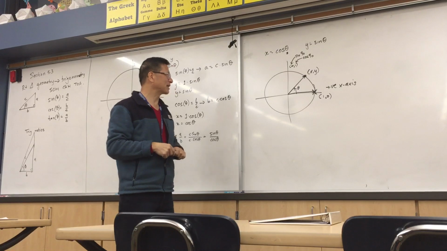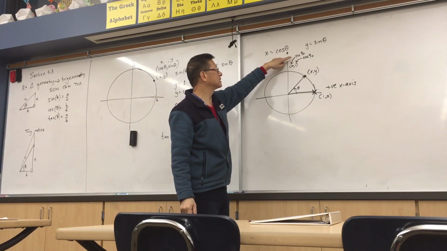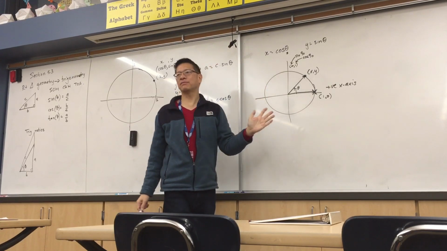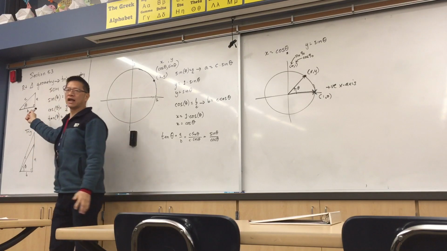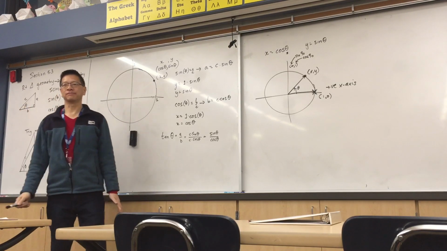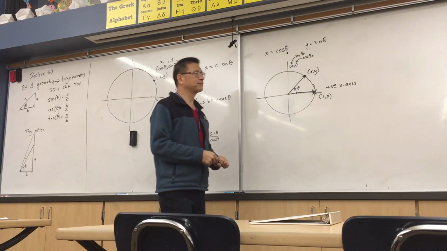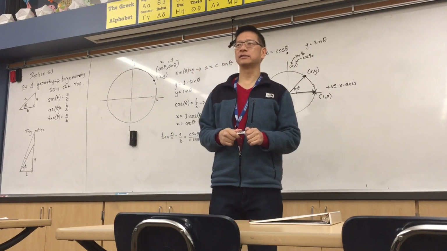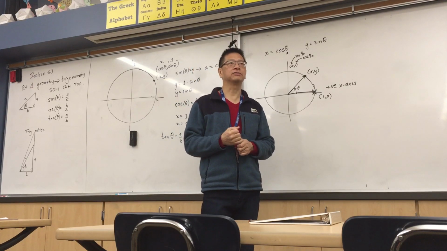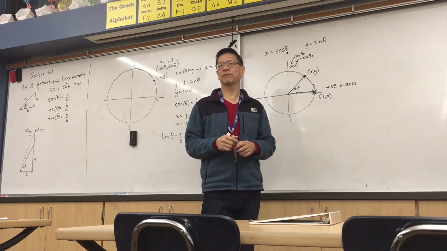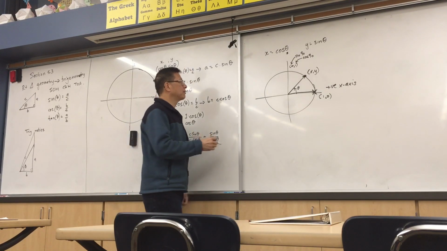So I can actually compute sine 90, and I wouldn't be able to do that if I was still stuck in the right angle triangle domain. I personally haven't seen any right triangles with 90-degree angles in them, except for the one that's supposed to be there, right? What about over here?